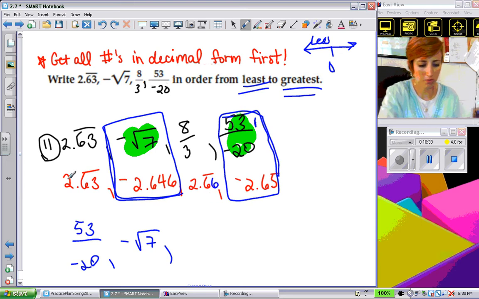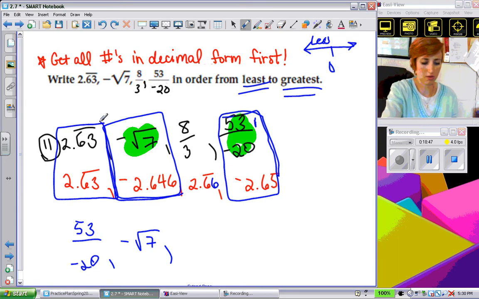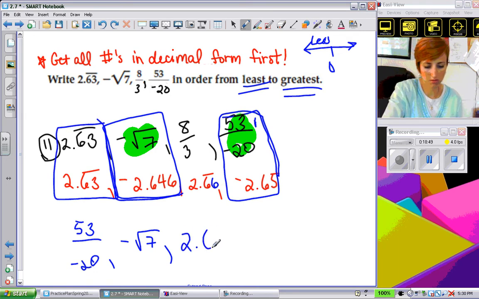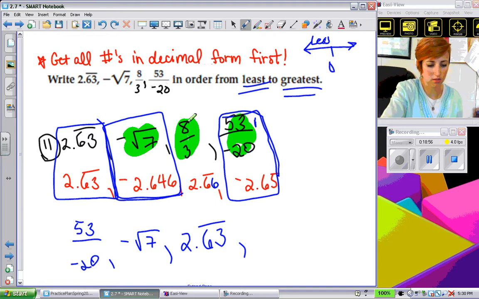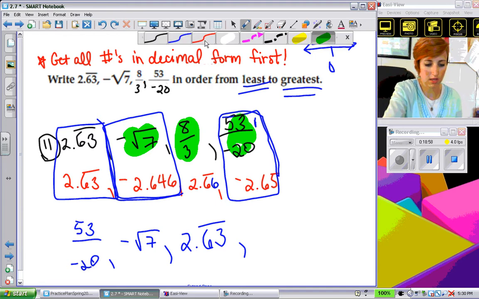So which one of these would be my smaller number to put next? And it would be my 2.63 repeating. And my greatest one, and my original here, is my biggest number.